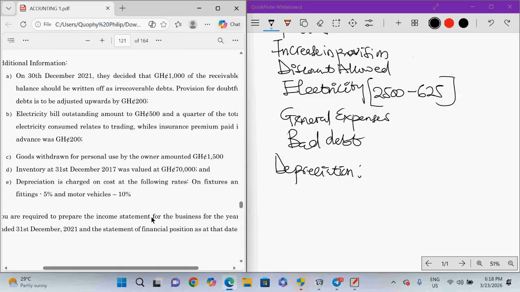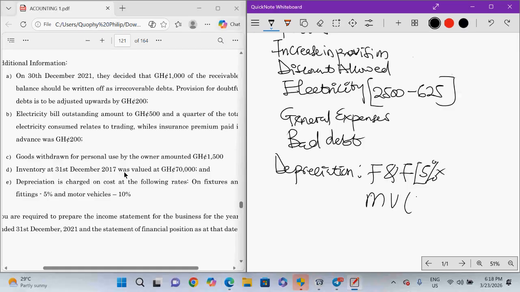It's on fixtures and fittings, F and F. So what is the rate? 5%, straight line. And this is motor vehicle. That one is what? 10%. Let's check the cost.